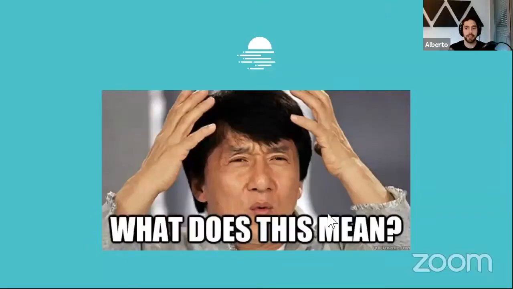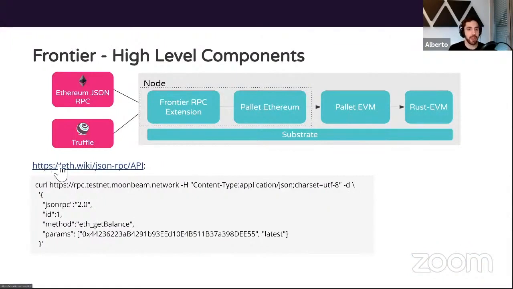So enough of the jibber jabber and the technical stuff. What does this mean practically? In very simple terms, let's say you go into the ETH JSON RPC API from Ethereum, and you make a curl command. In this case, this HTTPS thing you see here is an HTTP endpoint of our Moonbase Alpha testnet.